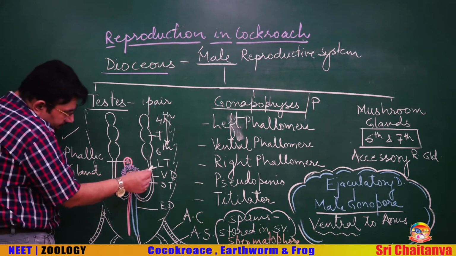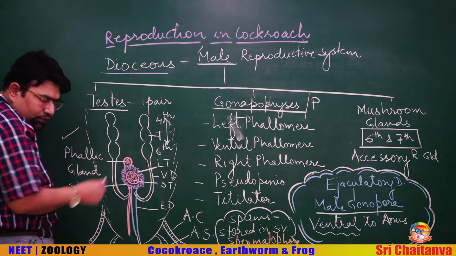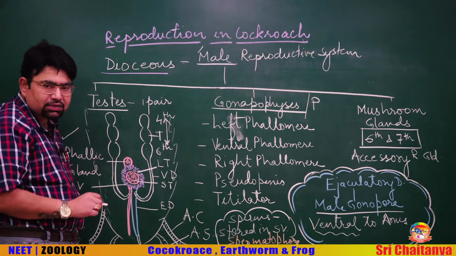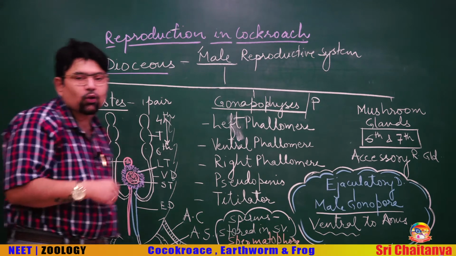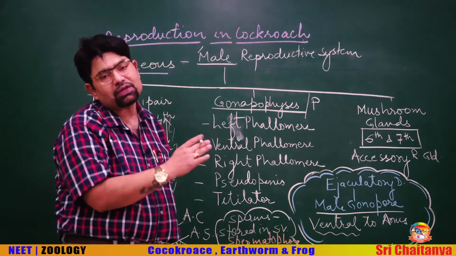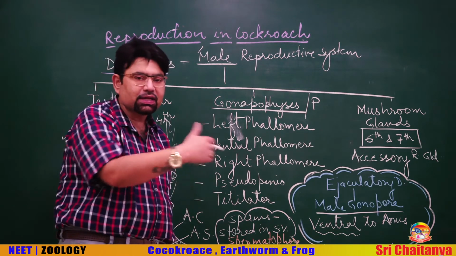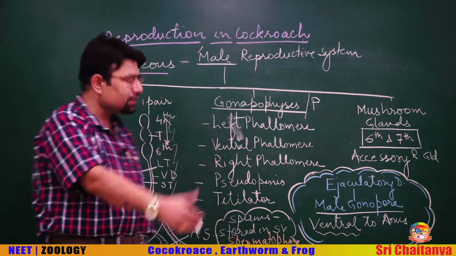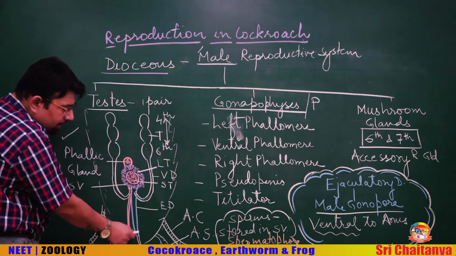The testes are connected to a fine duct which is known as the vas deferens. The vas deferens opens into a temporary reservoir called the seminal vesicle, and the seminal vesicle then opens to the outside through the ejaculatory duct.